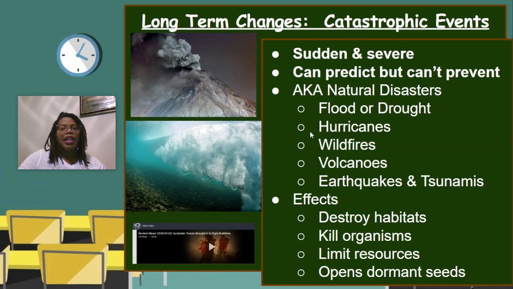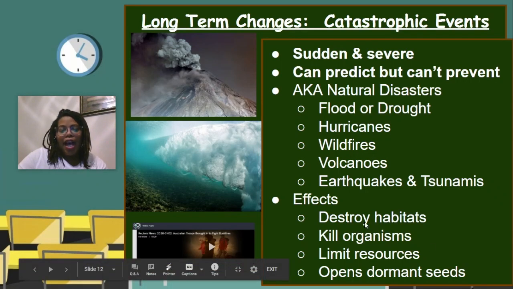It can be a flood, droughts, wildfires, volcanoes, earthquakes, all qualify as catastrophic events. And catastrophic events are called natural disasters because they are part of a cycle in nature that just happens automatically. Though the greenhouse effect, as we just watched in the last video, can impact them and cause them to happen more frequently.